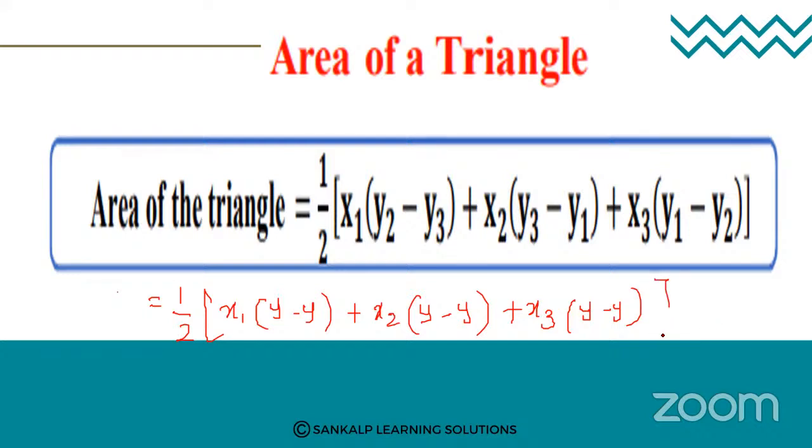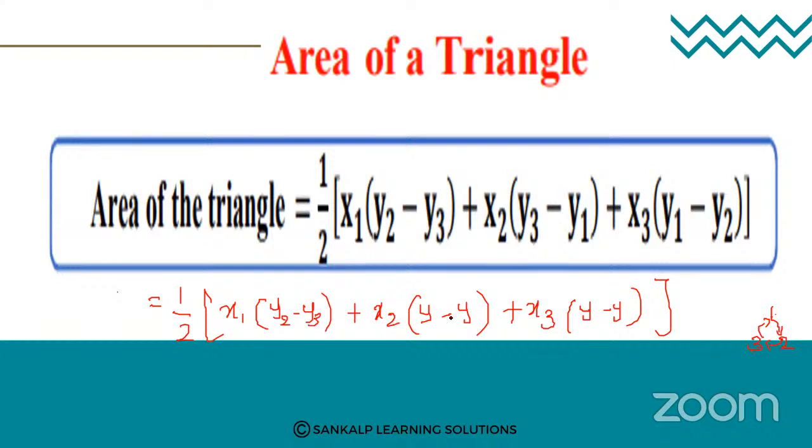Then here 1, 2, 3. Rotate this in the clockwise direction: 1 after 1 comes 2, 2 after comes 3, and 3 after comes 1. That means 1, 2; 2, 3; 3, 1. After x1, the y's 2 and 3 will come.